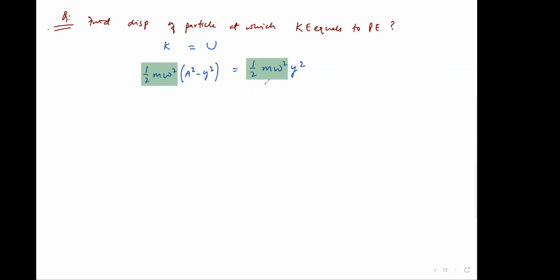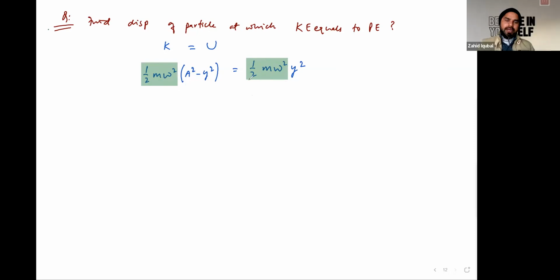No, sir, I'm doing. Just see, we have half m omega squared common in both these two parts, so these two terms will get cancelled out. So you'll get a squared minus y squared equals y squared. Move this y to the right side. So you'll get a squared equals 2 times y squared, or y squared equals a squared by 2.